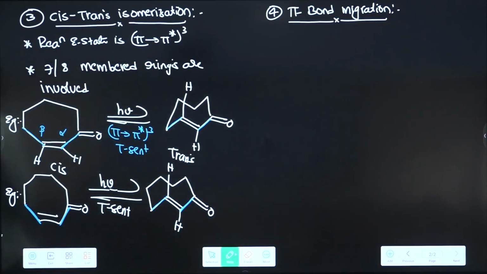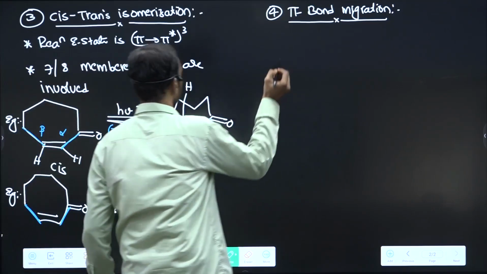One of the pi bonds undergoes migration. The position of the double bond changes from one place to another place. Clear? Next.